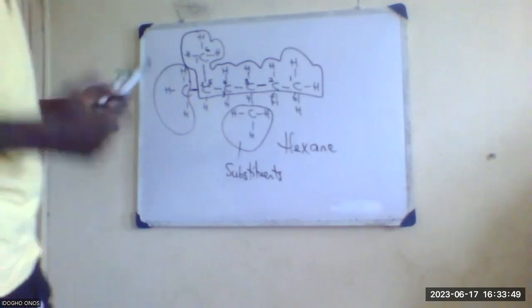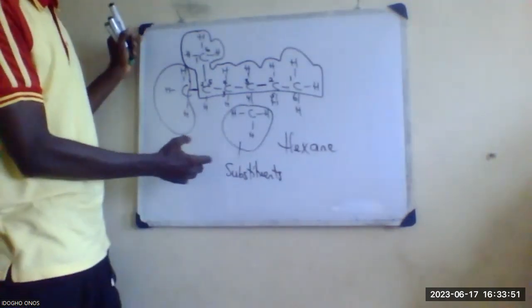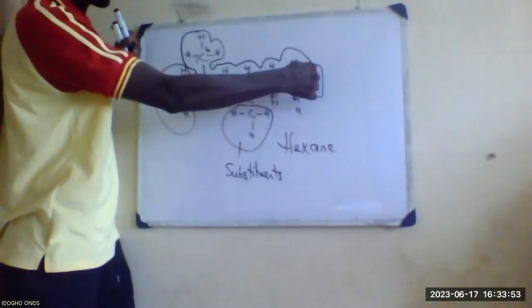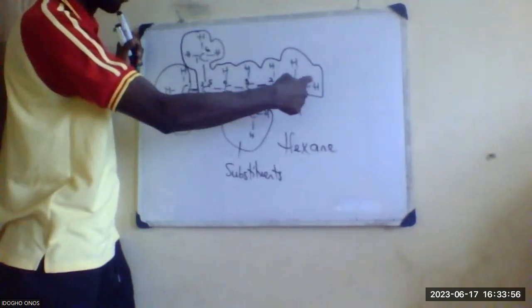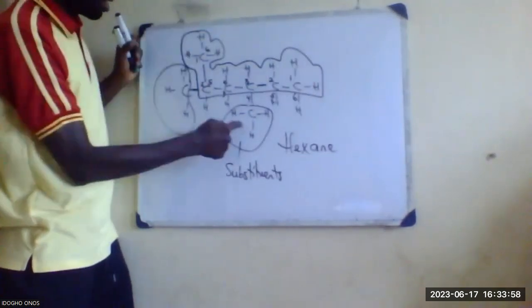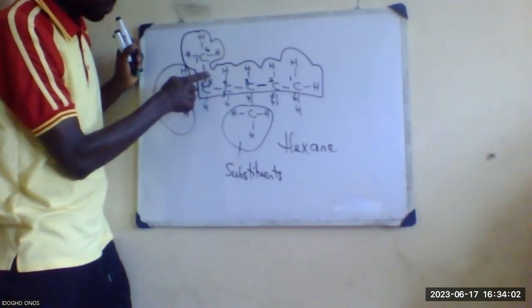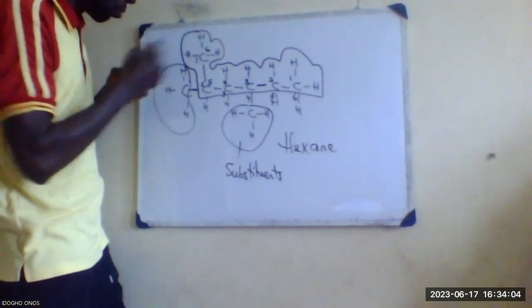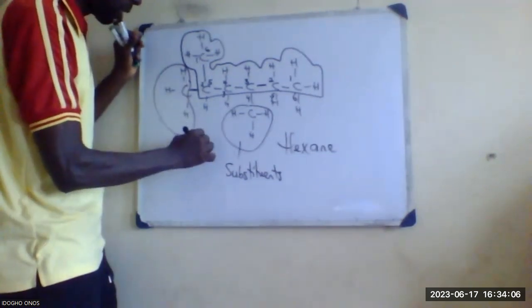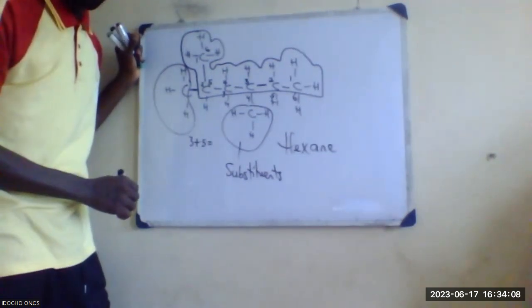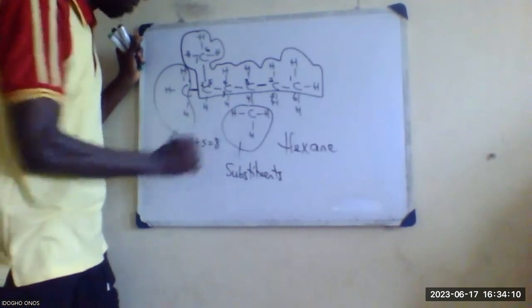Yes. Okay, so these two substituents that I circled, if I number from my extreme end, where my hand is now, going up, are on carbon atom 3 and on carbon atom 5. So I'll do 3 plus 5. 3 plus 5 will give me what? 8. Let's leave that aside.